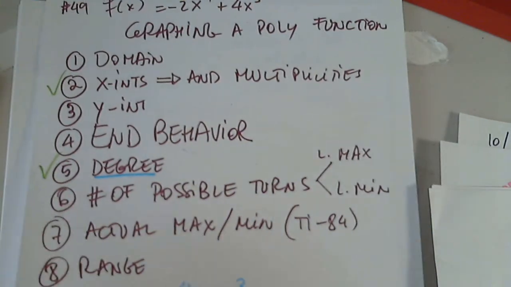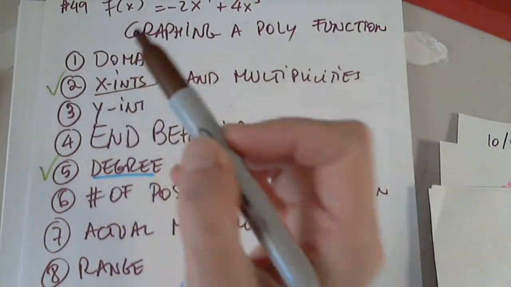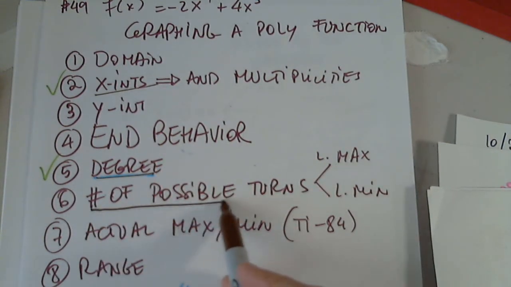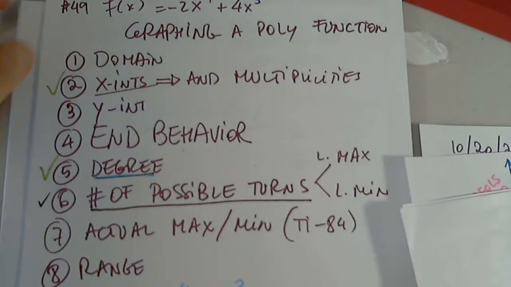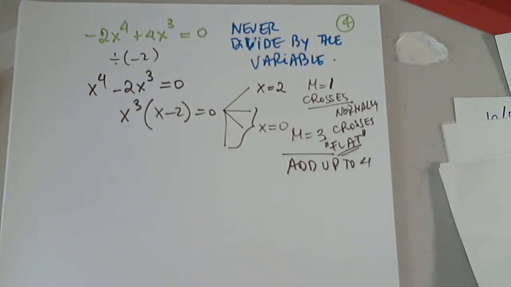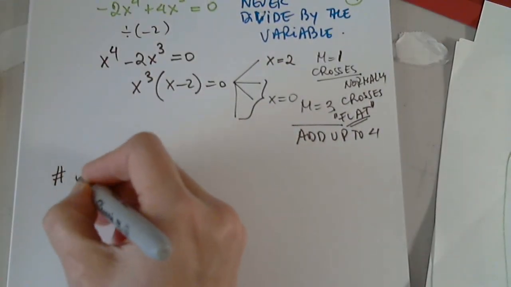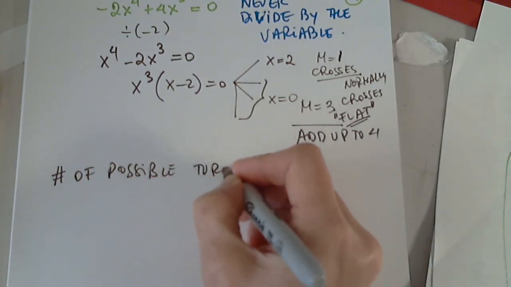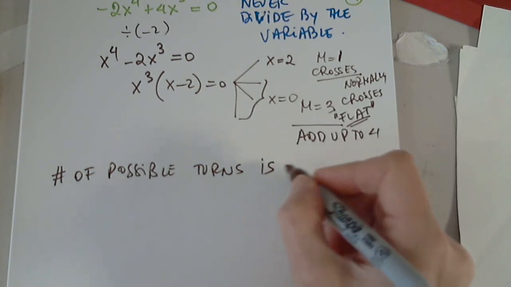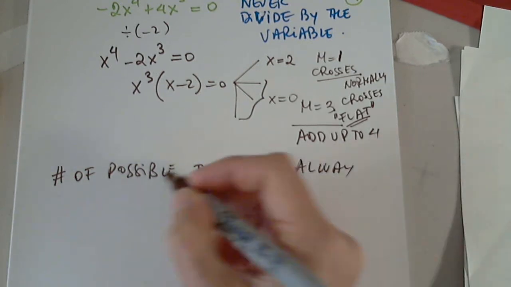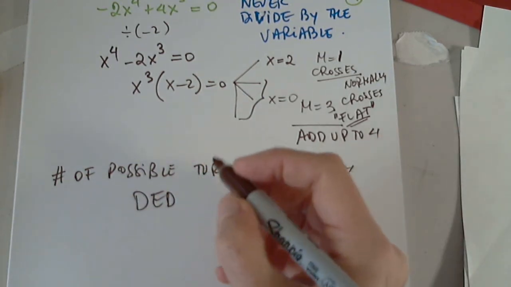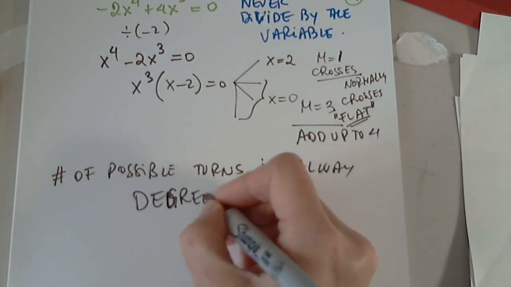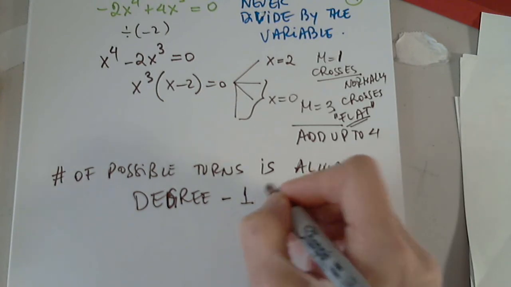So what we have so far is x-intercepts done, degree done. I would like to identify now the number of possible turns. Okay. So, and there is a recipe for that. Number of possible turns is always degree minus 1.